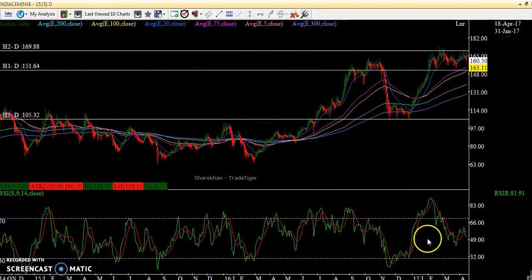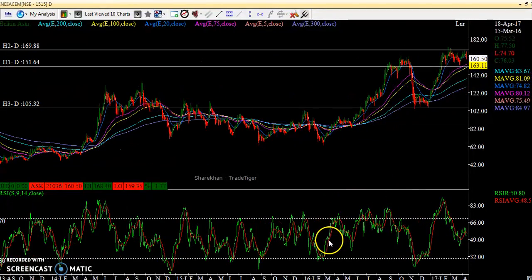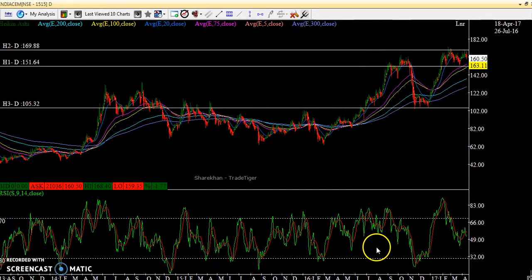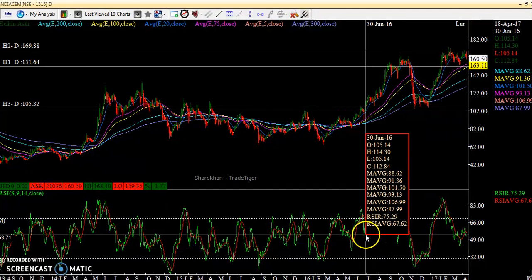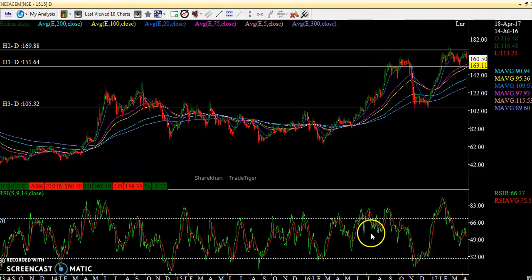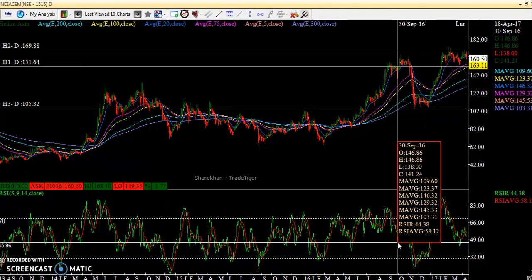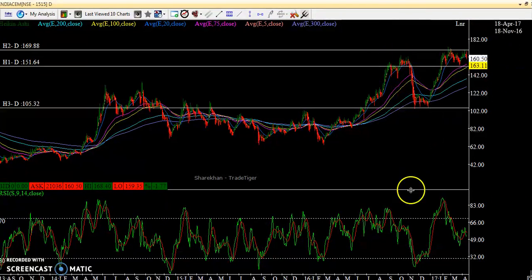Coming to the other factor, that is RSI, you can see that when the RSI was at this level, the stock had gone up. The stock was pretty much at the supply zone when the RSI was here. So the RSI is say 45, the stock is quite here.